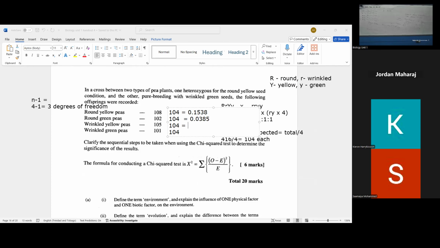It doesn't matter if you get a negative value, because when you square it, it becomes positive. Then 0.0096, and the last one would be 0.1538. And then 0.0865.